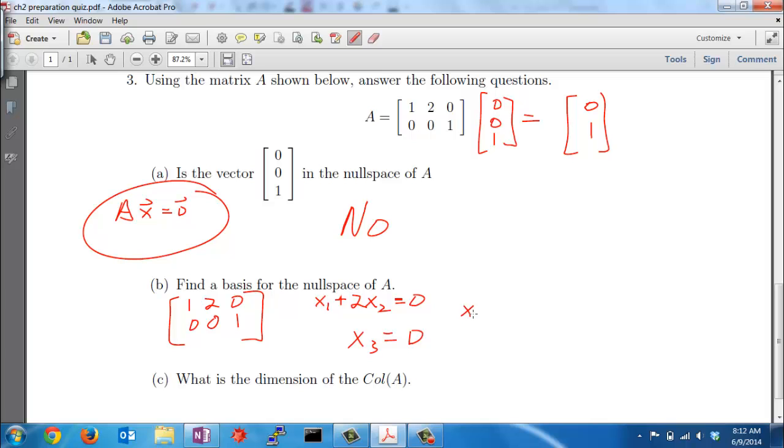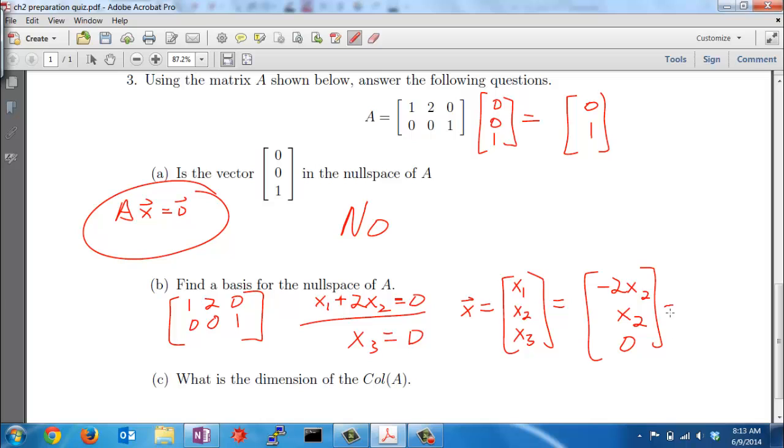So if I try to write out the set of all solutions to this thing, which will be some x1 value, some x2 value, and some x3 value. Well, x1 is equal to negative 2x2. I could just take that first equation and solve it for x1 to get to that. x2 is my free variable, and x3 is equal to 0. So this is the same thing as x2 times negative 2, 1, 0.